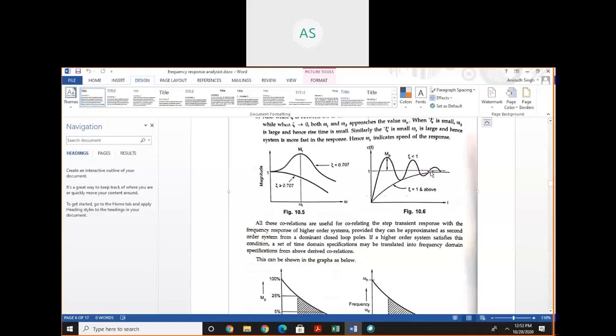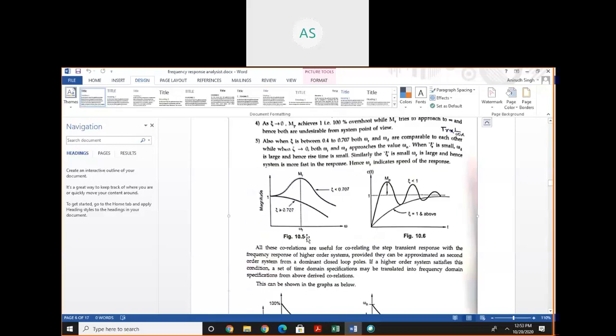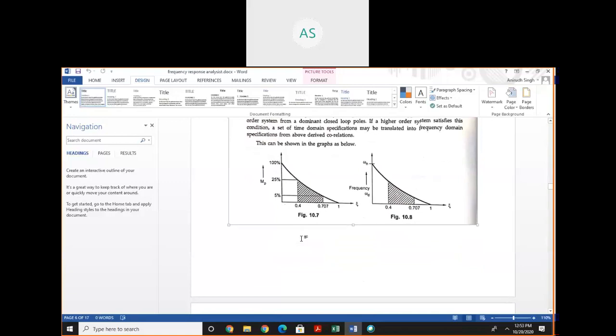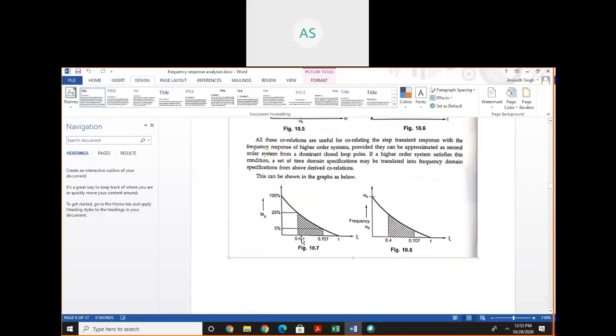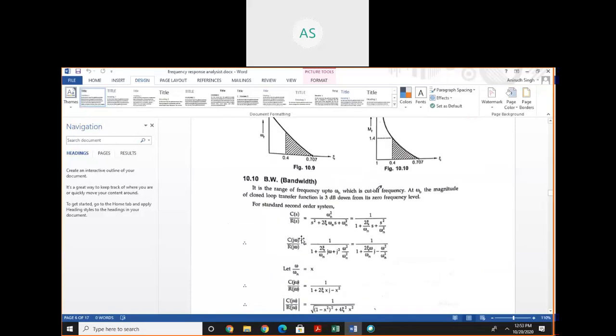Similarly, in time domain analysis, when the value of zeta is 1 or 2, 3, 4, then we get an exponential response. There is no overshoot in this case. But when the value of zeta is less than 1, we get a response like this. So these are the correlations between time domain and frequency domain.